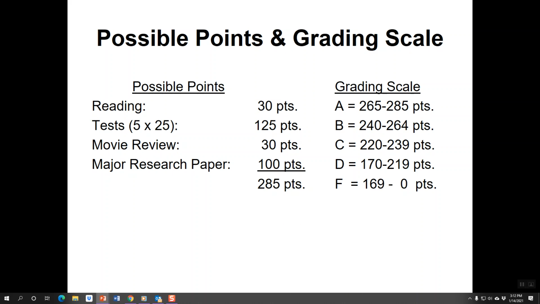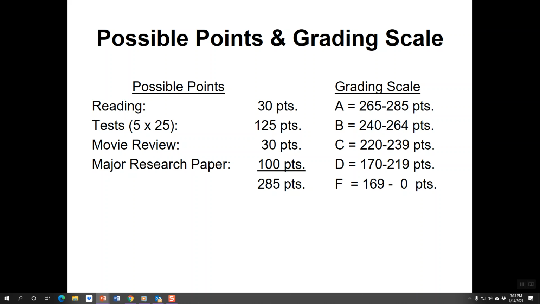All right, let me put on my happy face again. Let's talk about the points for the class and how you will be graded. All right, as we've discussed, there are 6 reading reports worth 5 points each, and so the base for your reading is 30 points. But remember, you can earn 5 bonus points for reading everything that's assigned this semester.